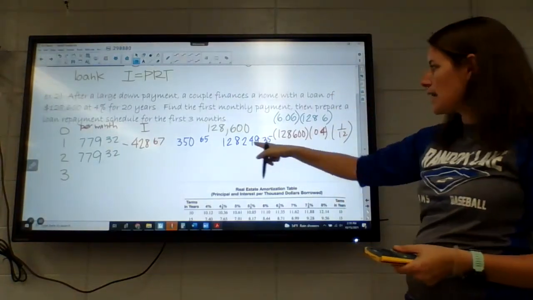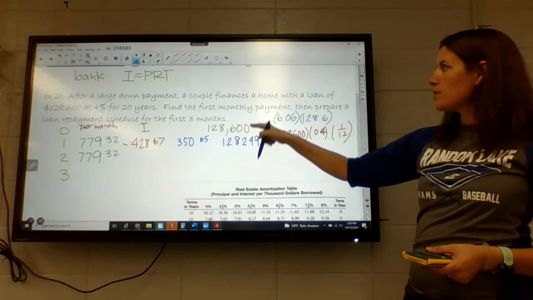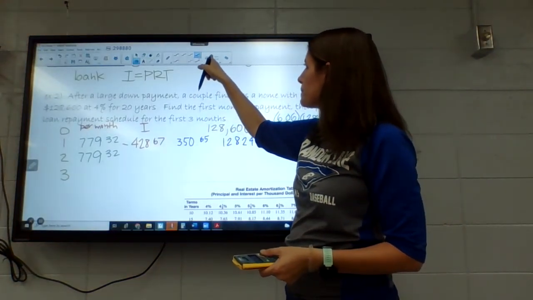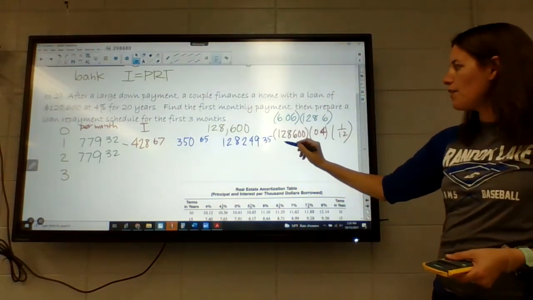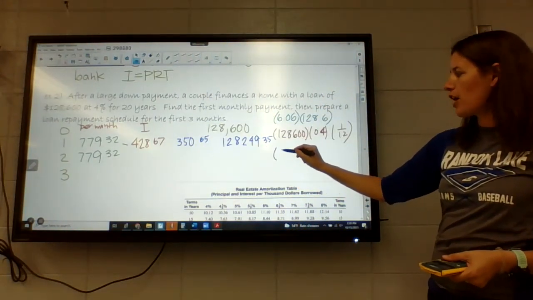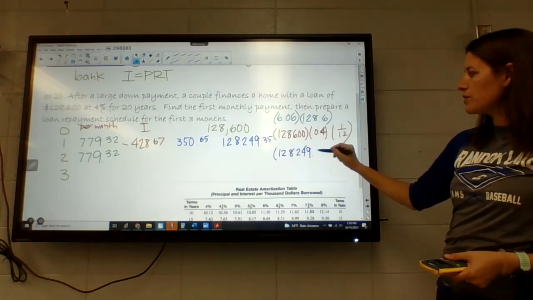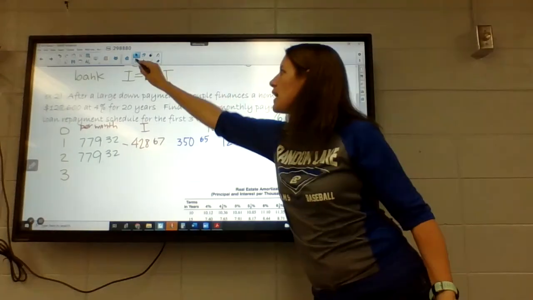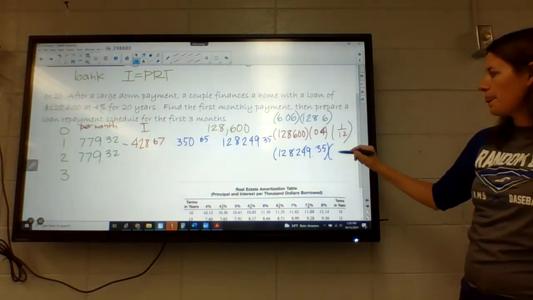So now I'm going to take this new number and now do my interest rate for that. So I'm taking this one. So this 128, now that's what I'm going to figure out my interest on. So the interest should go down because I'm basically paying on less.